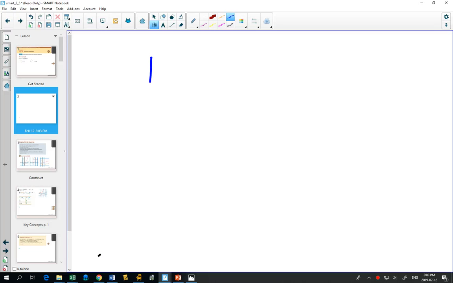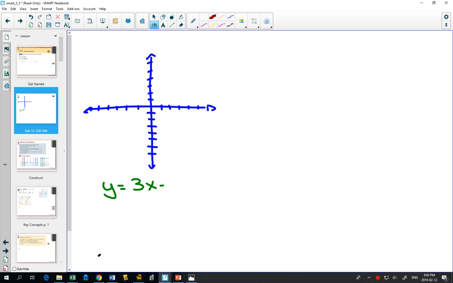To check out the first ones, the first two equations were y equals 3x minus 6, which I'm going to graph in green, and y equals (x minus 6) divided by 3, which is the same as 1/3 x minus 2.